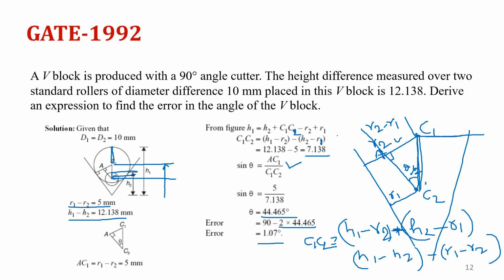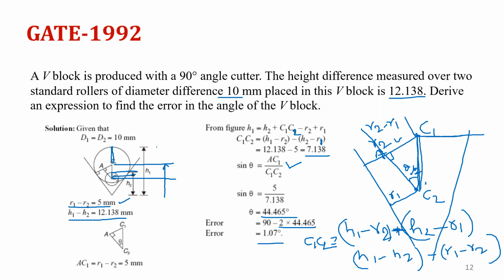Here the diameter difference is given, D1 minus D2 is 10 mm, therefore R1 minus R2 becomes 5 mm. And H1 minus H2 is also given as 12.138 mm. Using this, we can calculate C1C2.